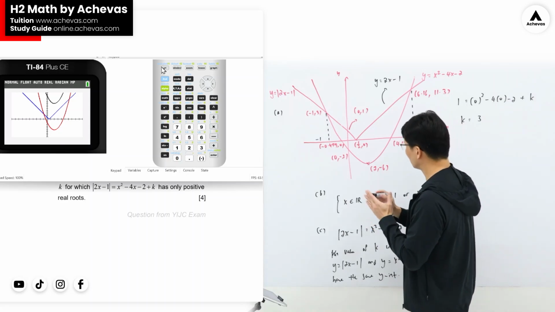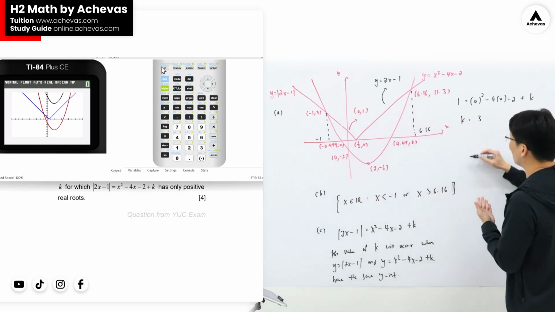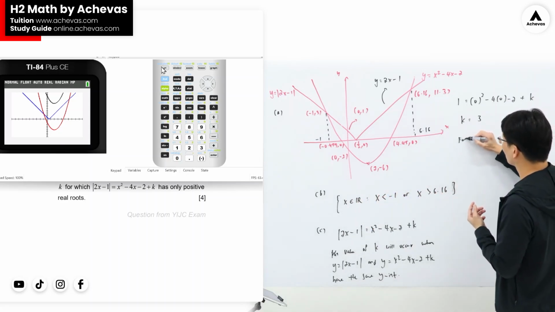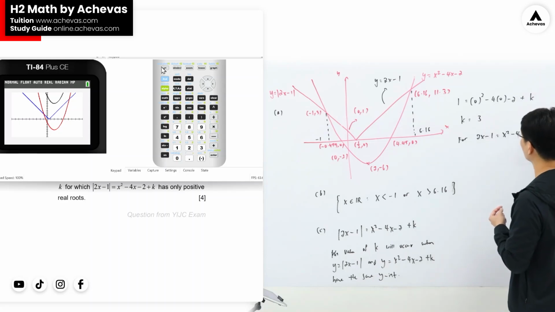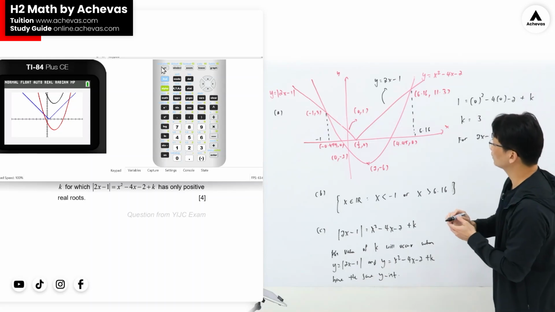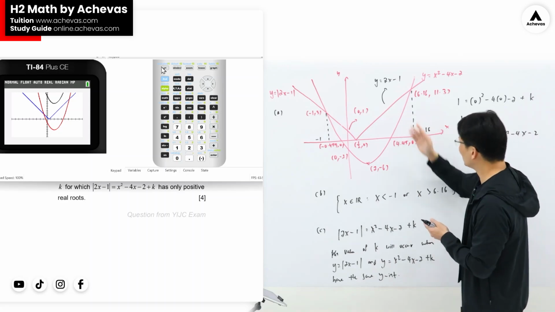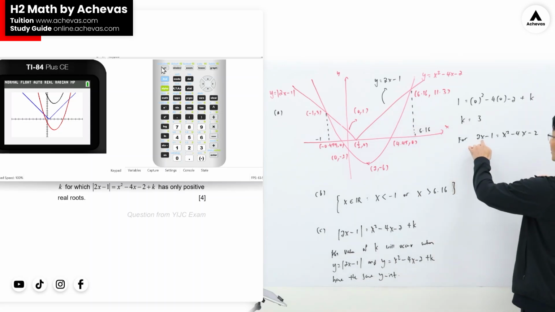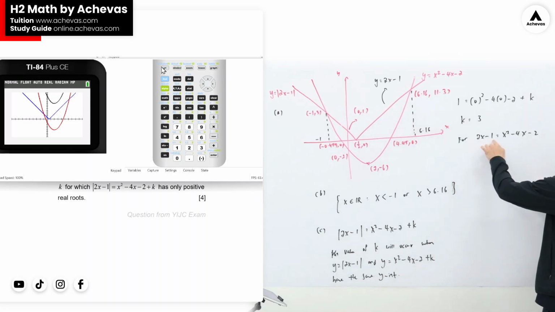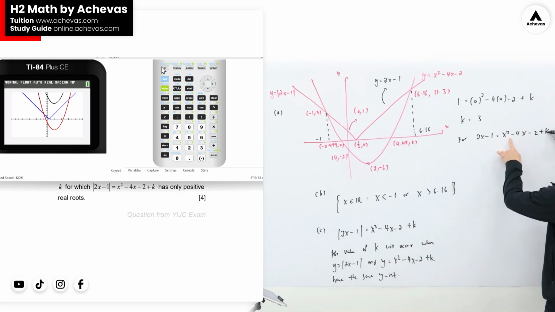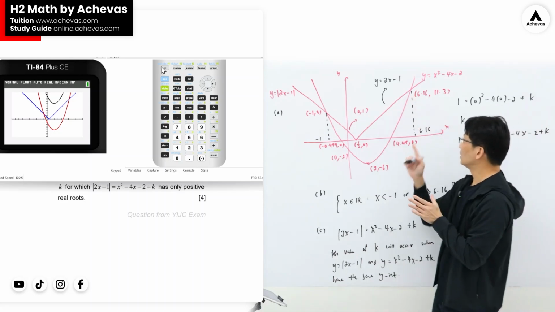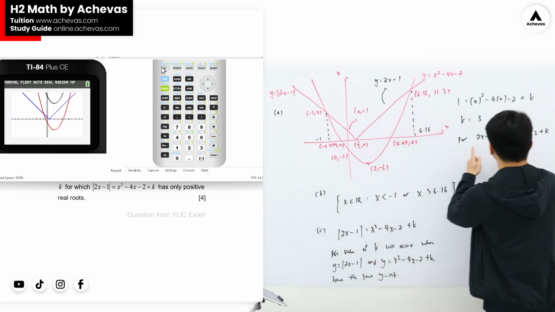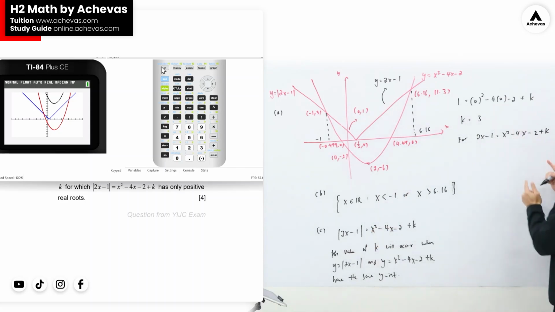So we can just say that, let's say, for 2x minus 1 equal to x squared minus 4x minus 2 plus k, I'm going to try to find if there will be an intersection between this graph 2x minus 1 and this graph, the modified equation. So as long as there's a positive root, there will be real roots defined by this equation here.